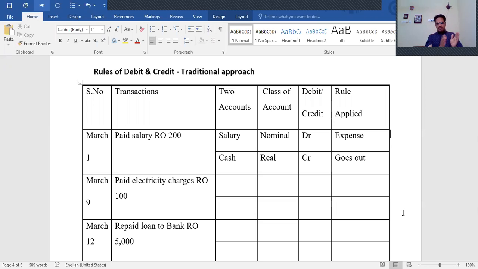But if you understand both, it will help you decide debit and credit easily. In practice, after understanding both, we will stick to one. For example, we can follow the modern approach only, or the traditional approach. Whenever you think it is easier, you can apply it. But we'll stick to the first one, the traditional and modern approach.